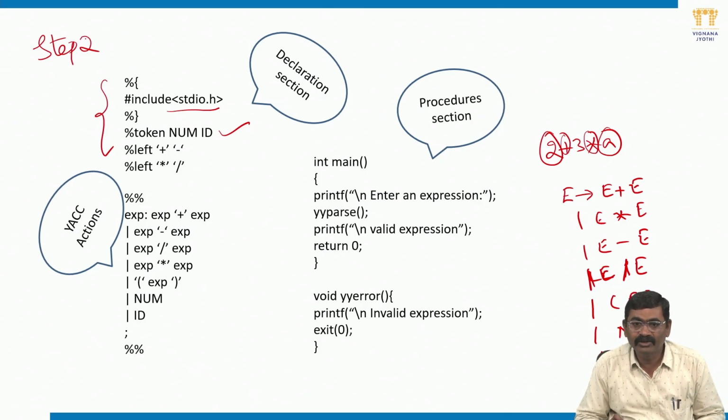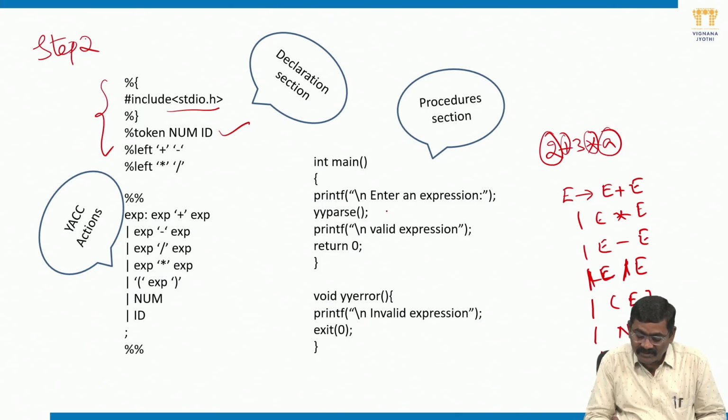So integer main. You already know the printf statement; using that we can print something on the screen, that is, enter an expression. After that, yyparse. This is very important. By using this, you can scan the input.